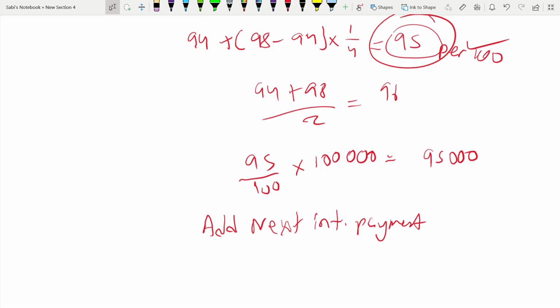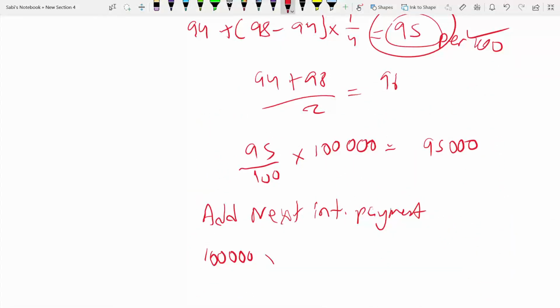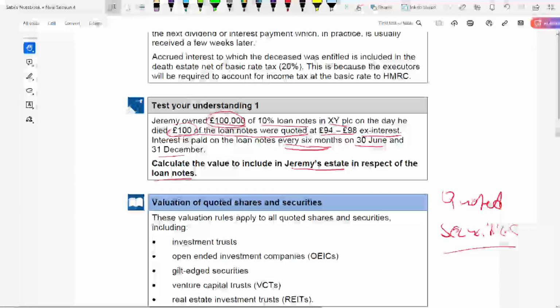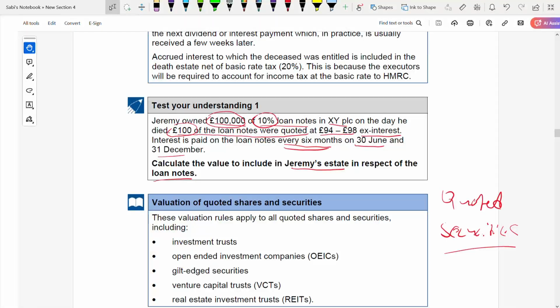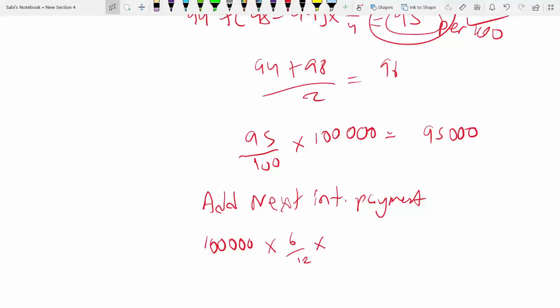For 6 months, 100,000 into, you see, loan notes every 6 months, what is the interest rate? It's 10%. And one more thing, often you will mix this.